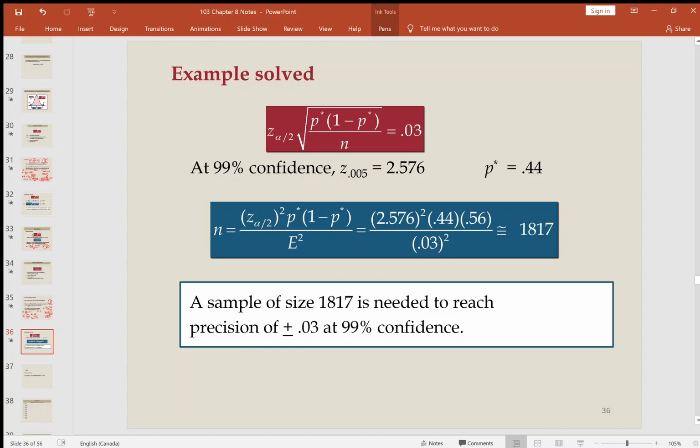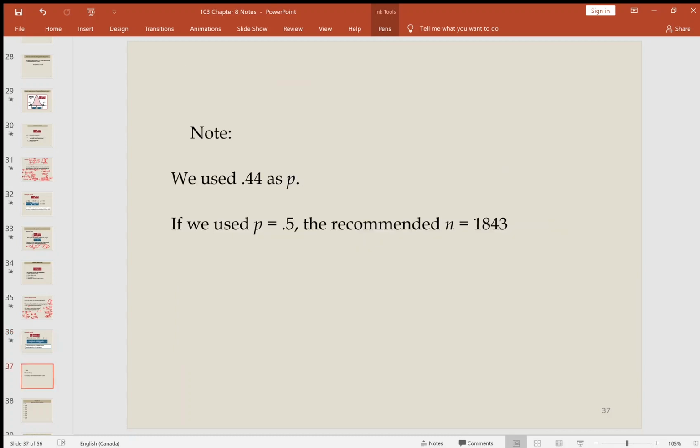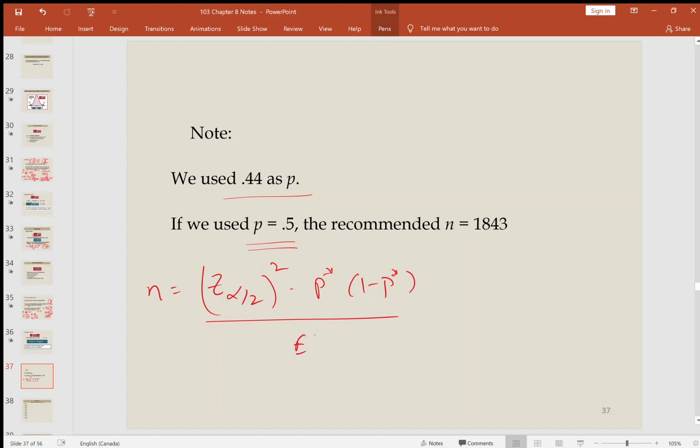Okay, now note that in the previous question we used p as 0.44, but let's say p is not given to us, and instead we used p as 0.5 or 50%, right? So if we were to use this, n equals z alpha by 2 square times p star times 1 minus p star divided by E square.